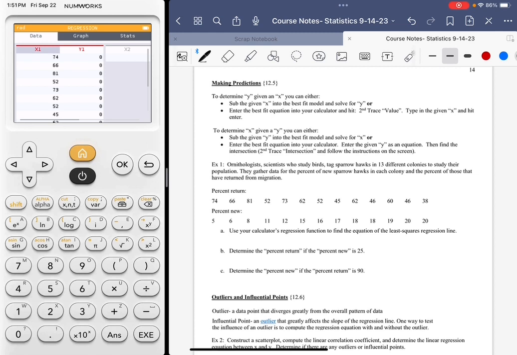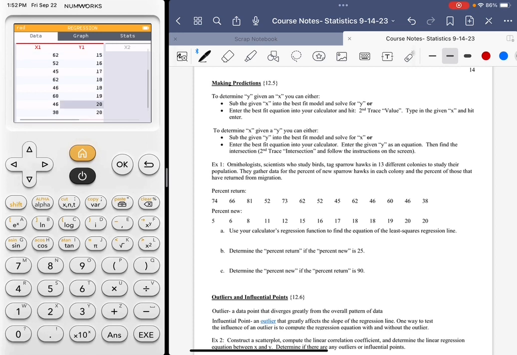Oops, got a little off the rails there. So 5, 6, 8, 11, 12, 15, 16, 17, a couple of 18s, a 19, and a couple of 20s.